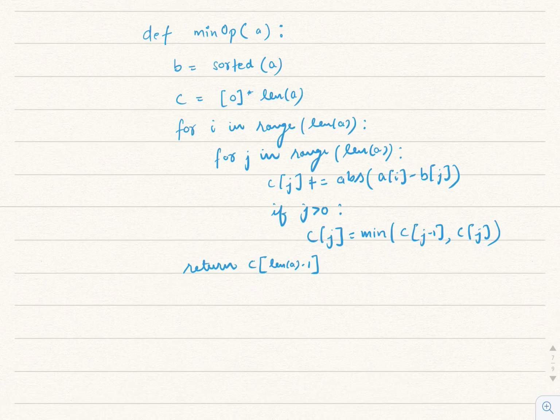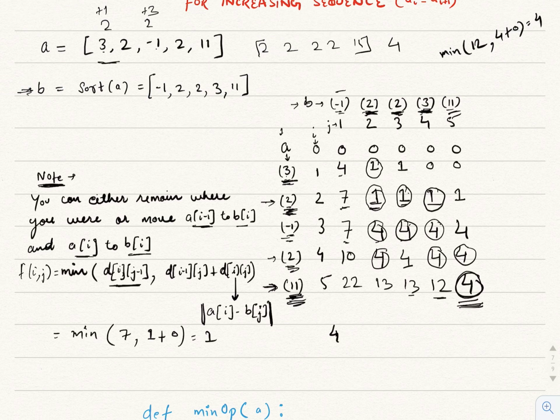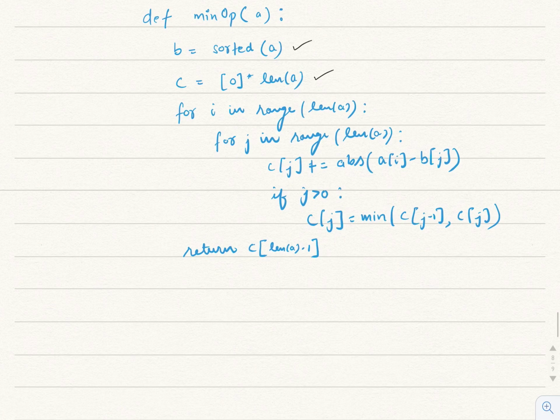If you want to look at the code, here it is. Here I've sorted the given sequence, and instead of creating the table, I'm only creating a list because it'll be more memory efficient, and as we have seen, we only require the last value, so we don't need to save these previous values in the table.